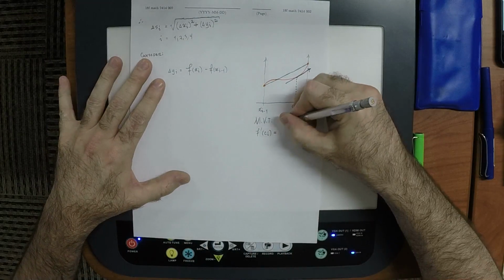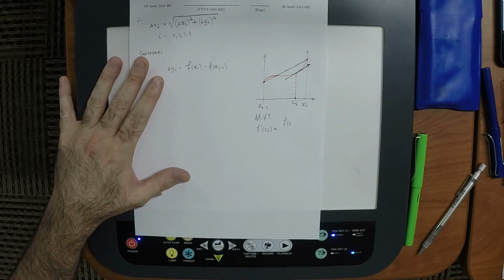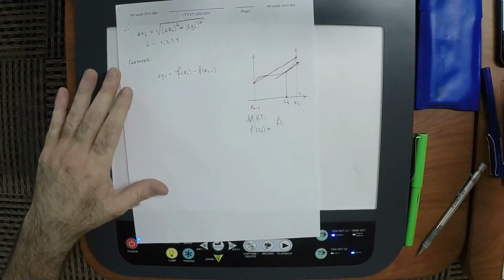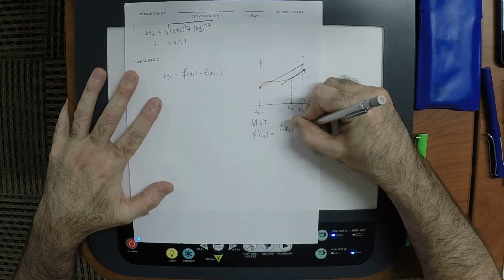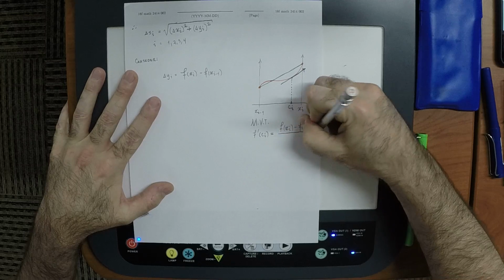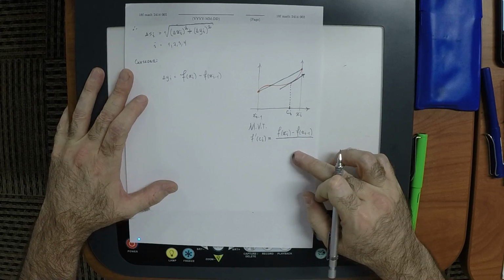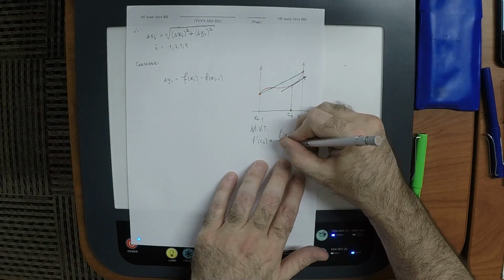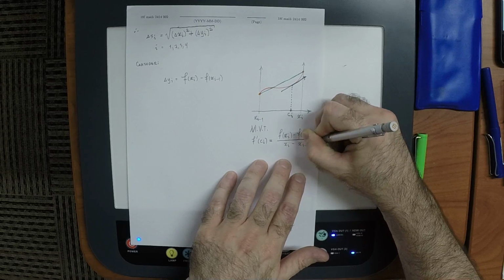So that'd be f evaluated at xi minus f evaluated at xi minus 1. So that's the rise. And then what's the run? Well, those two, right? So xi minus xi minus 1.